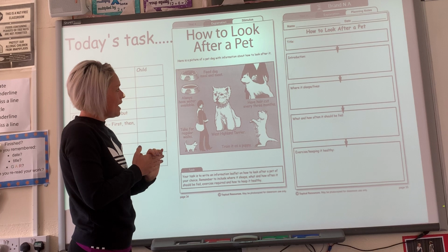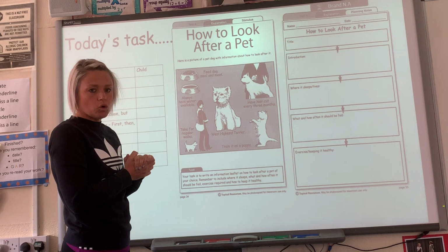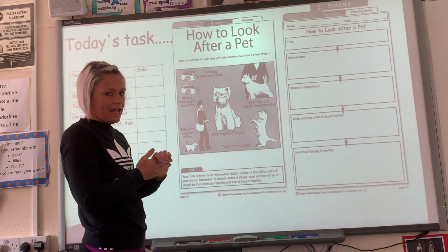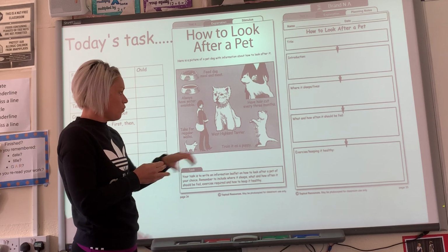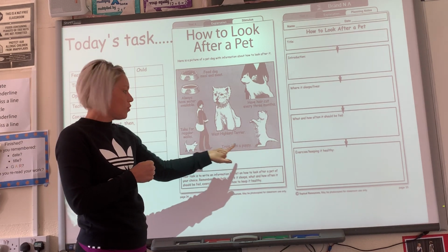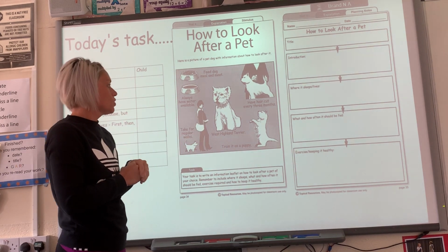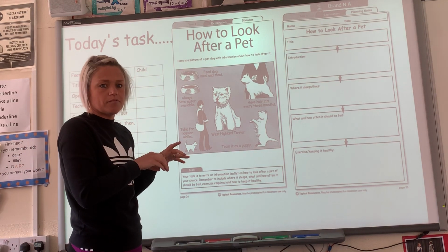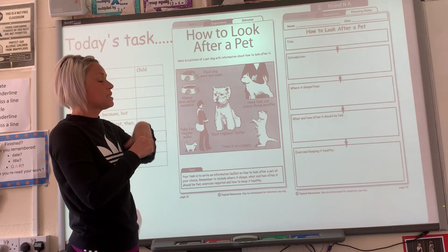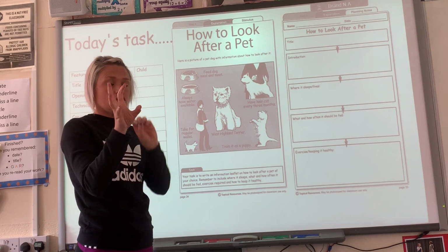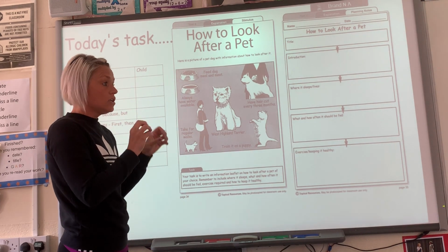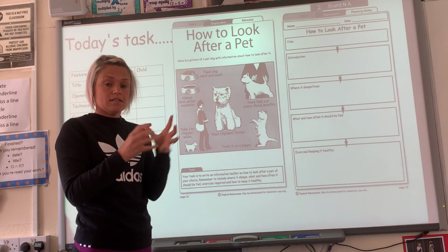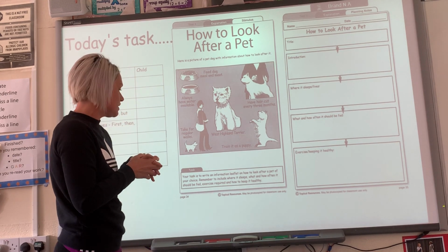Feed dog meal and meat, always have water available, have a haircut every 3 months, there's a West Highland Terrier, train it as a puppy, take for regular walks. So they're just obviously little snippets of information. You would need to expand on those. Whatever it is that you decide to pull out for your pet, you'd need to expand on your ideas so you get a nice paragraph about each.